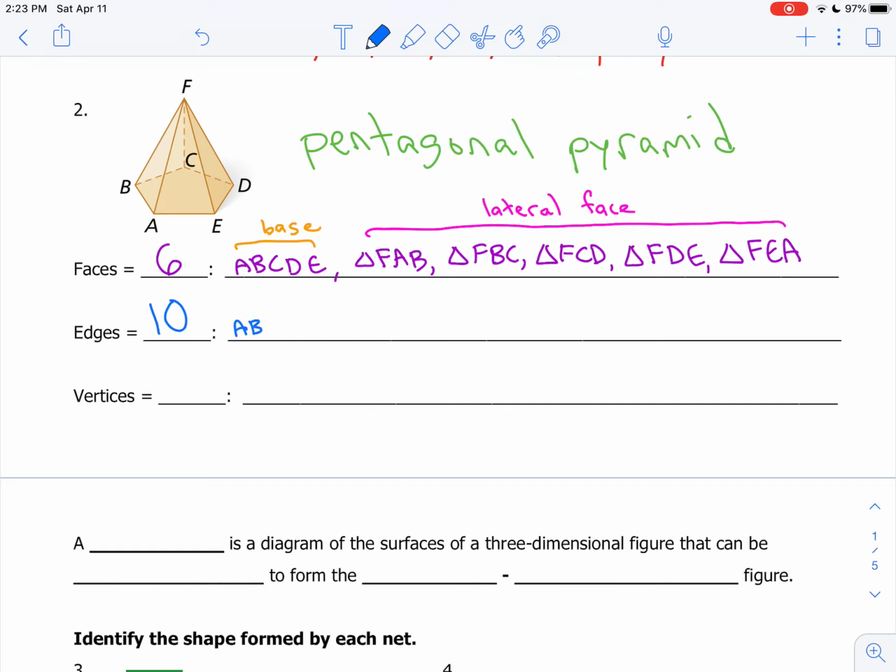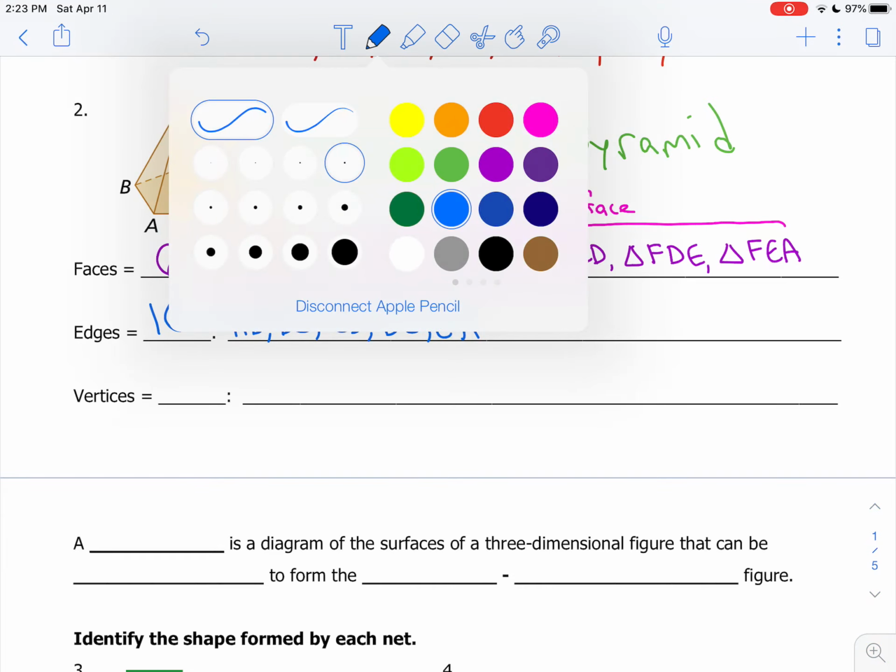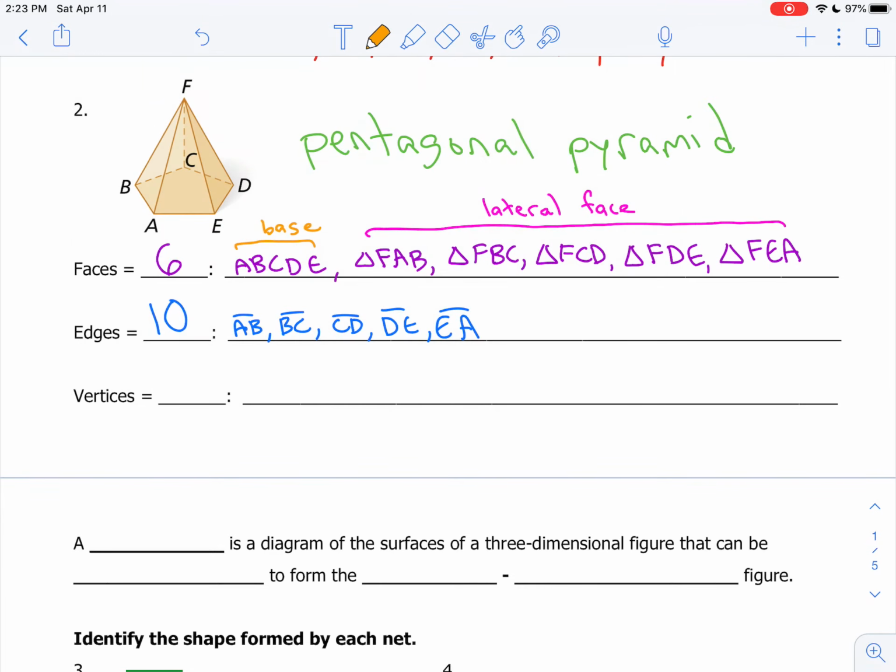So the AB, and remember those are segments, so they wear the same segment hat that we've been using since the first lesson of the school year. CD, DE, EA. Those 5 segments form the base, so we call those base edges.